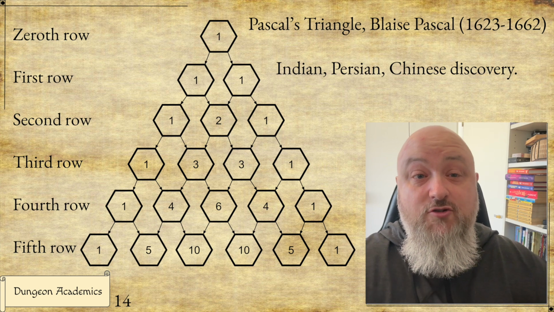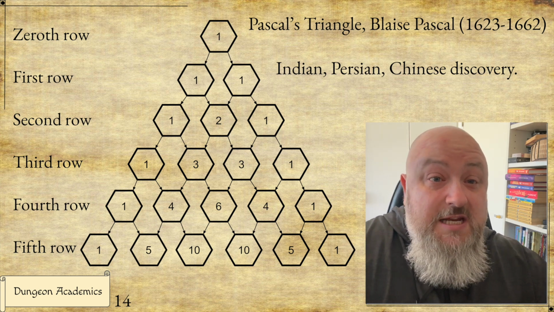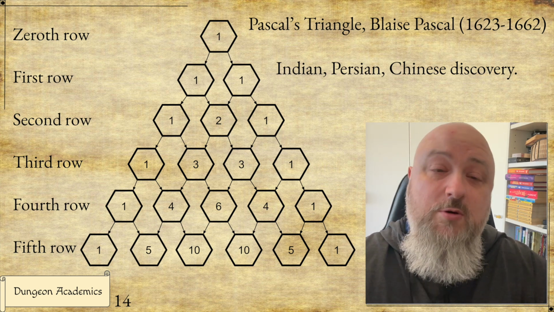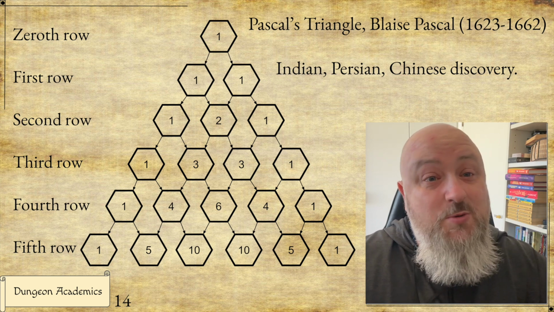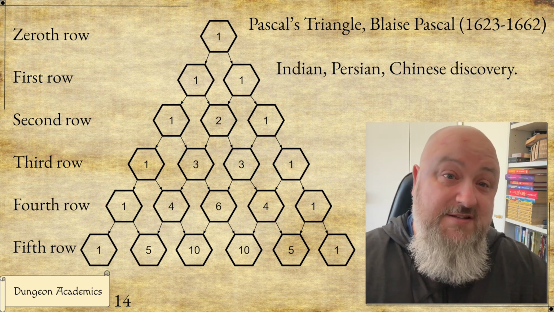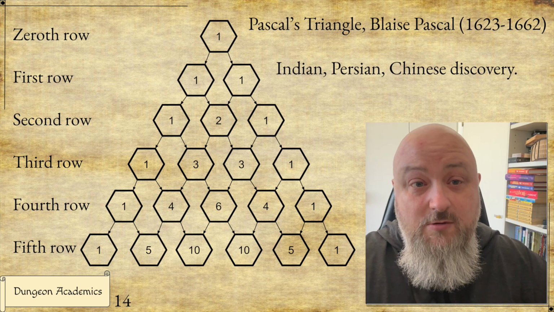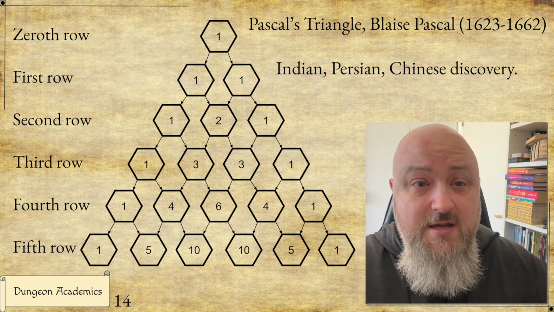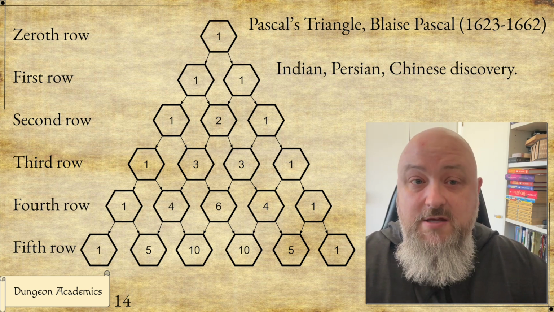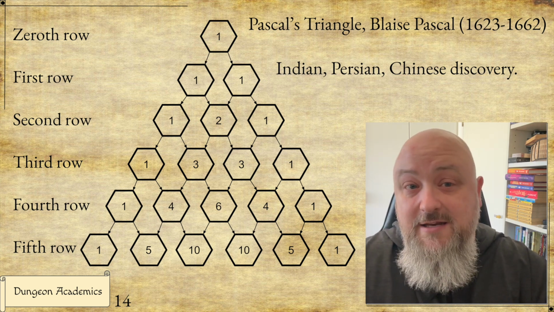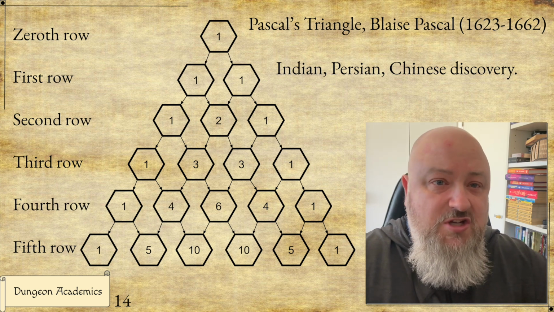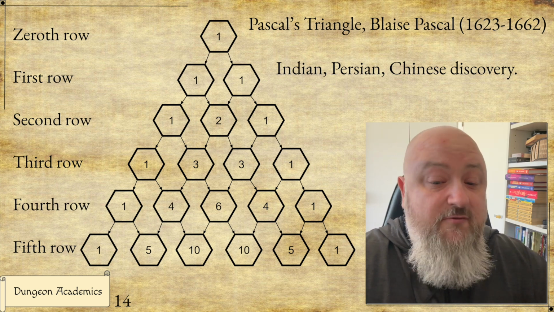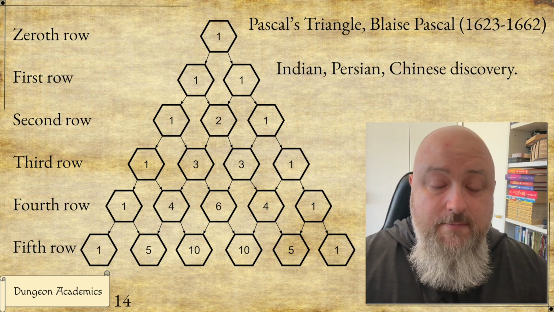Okay, Pascal's triangle. The first thing I need to point out, and this is quite important, is that this was not discovered by Blaise Pascal. This triangle was known and used by mathematicians throughout antiquity. We have evidence of it being used in China, in India and Persia, centuries or even millennia before Blaise Pascal was even born.